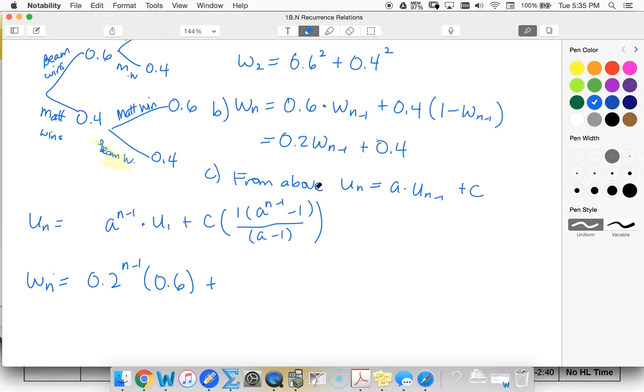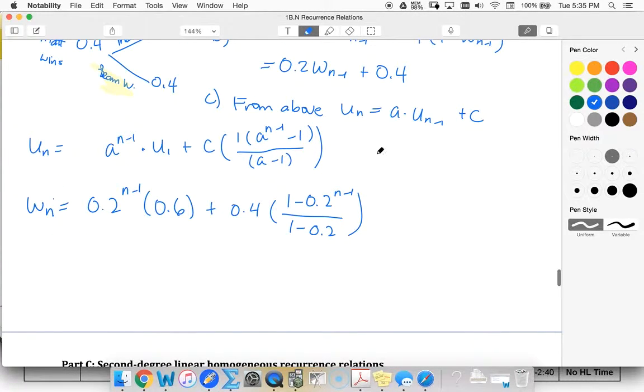Our c value is 0.4 times, our a value is 0.2, so I'm going to flip this around to be 1 minus 0.2 to the n minus 1 over 1 minus 0.2. Okay, so there's my general term.